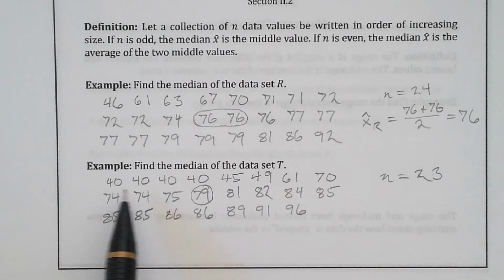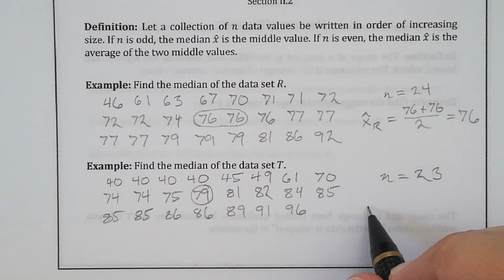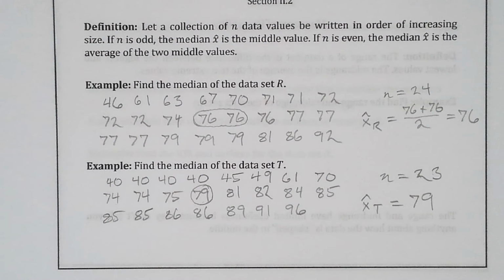And there should be 11 values before that and 11 values after that. So the median of t is 79. And you see that's a little bit more reflective of the center of the data that we were guessing when we were looking at the data sets earlier.